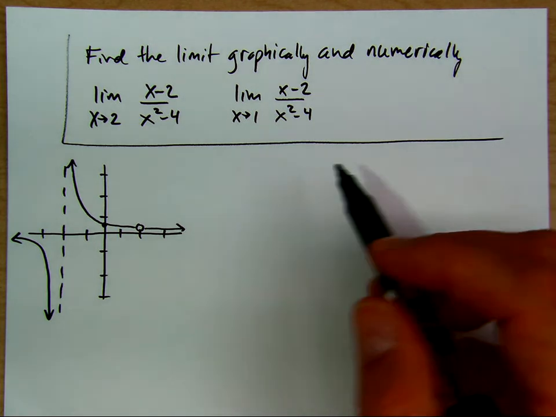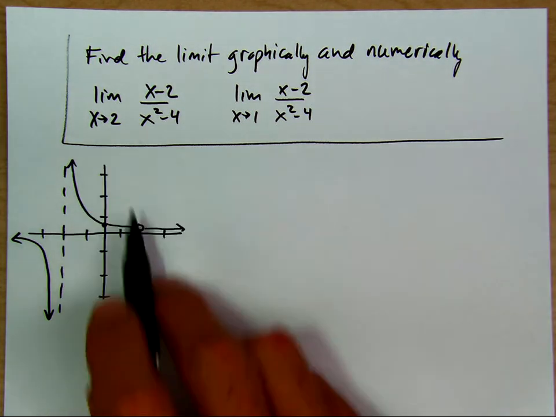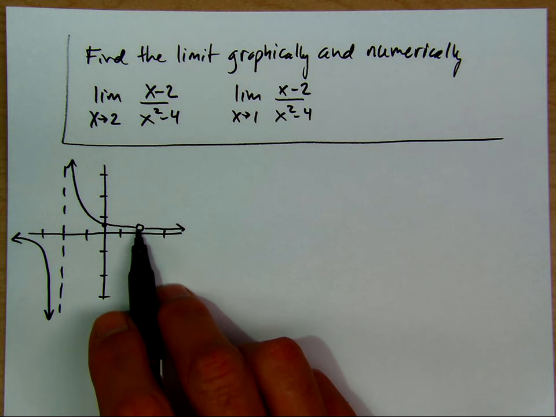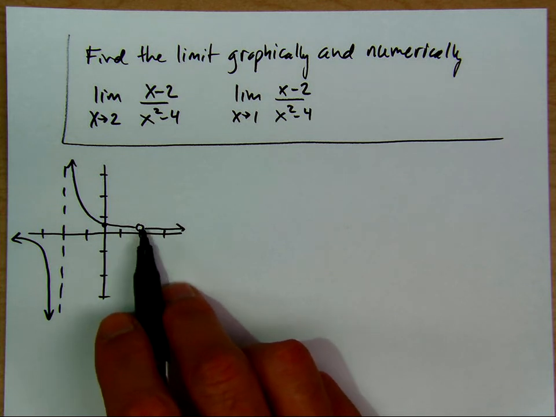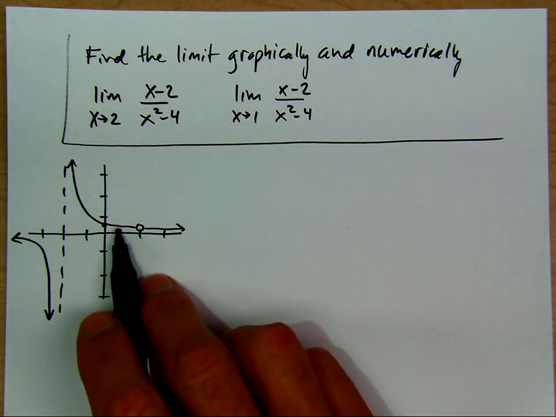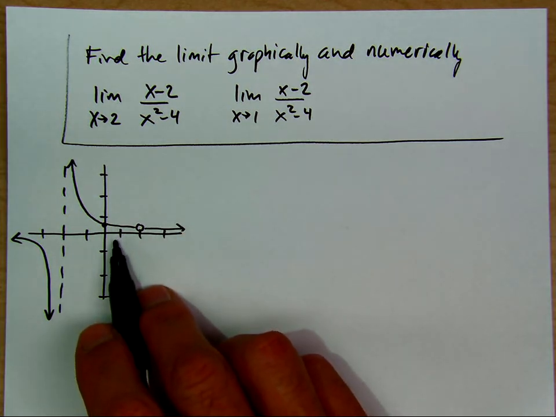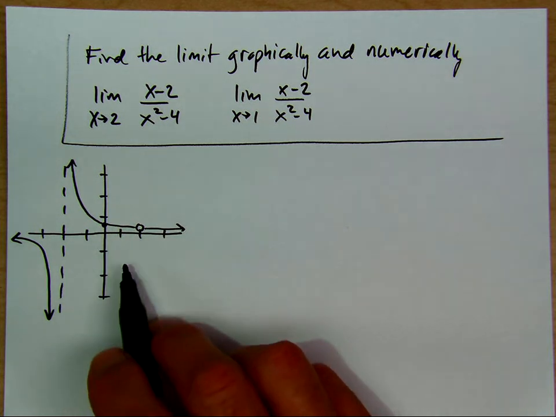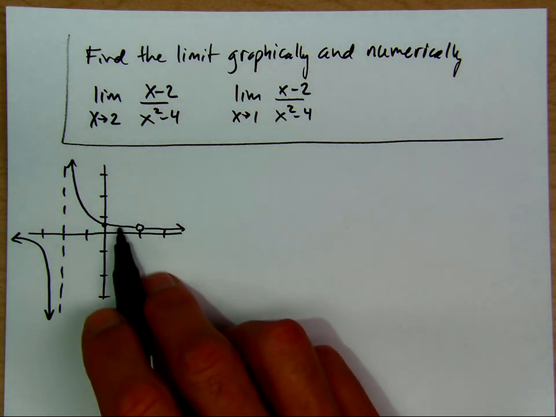And we can look at the graph at x equals 2. We can estimate that looks like it's about 0.25. It turns out it is 0.25. And at 1, we can look at that value, and that looks like it's maybe between 1/2 and 0.25, so 1/3. So we can estimate the values from the graph.